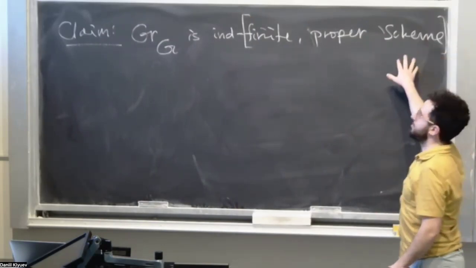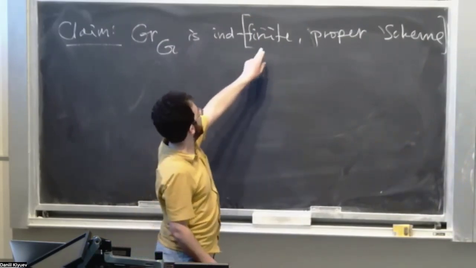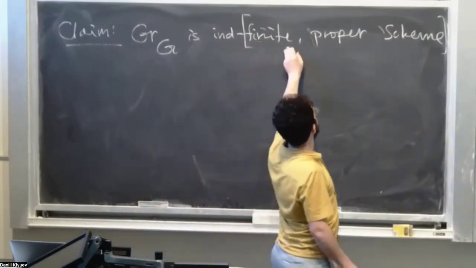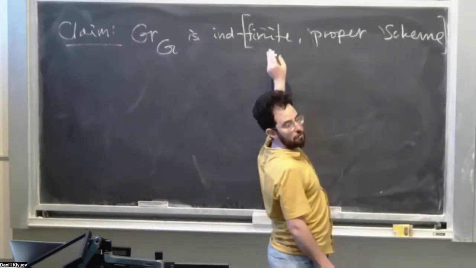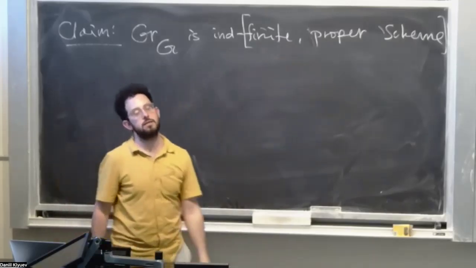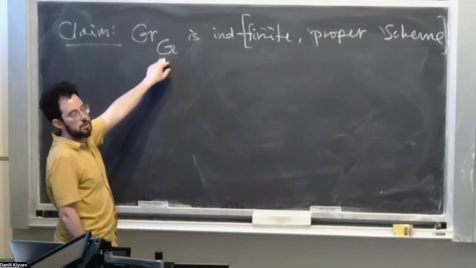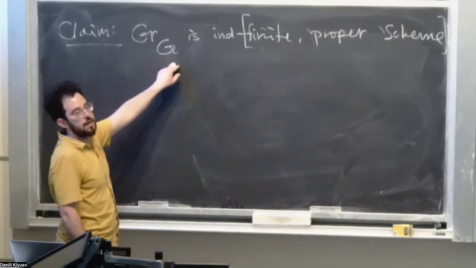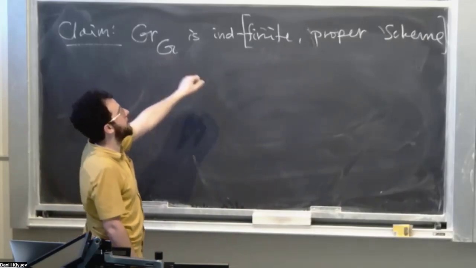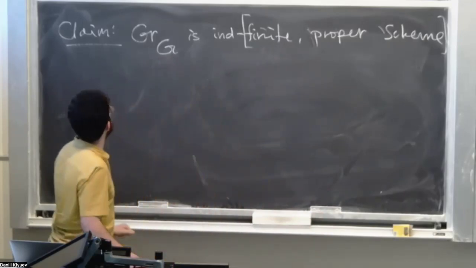What that means is we can write it as a colimit of proper schemes of finite type, and the transition maps are closed embeddings. The important point is that then we can define cohomology, equivariant cohomology, and so on.